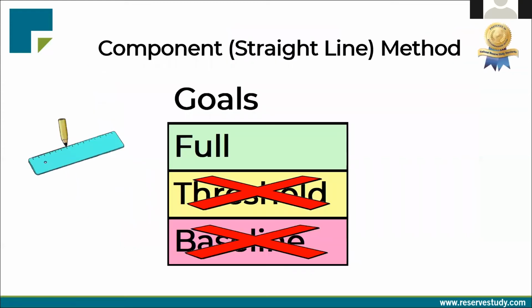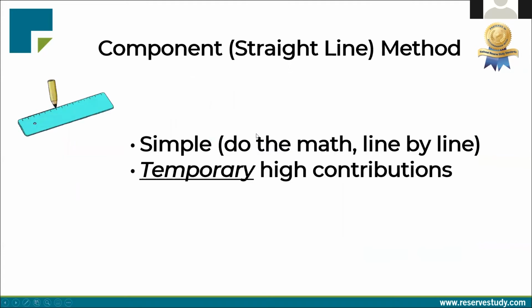Because every component stands on its own and each has to get ready for its own upcoming expense, the component method only pursues the conservative full funding goal. So while it's not very flexible, only directing the association towards a conservative full funding goal, the advantage of the component method is that the calculations are very simple.